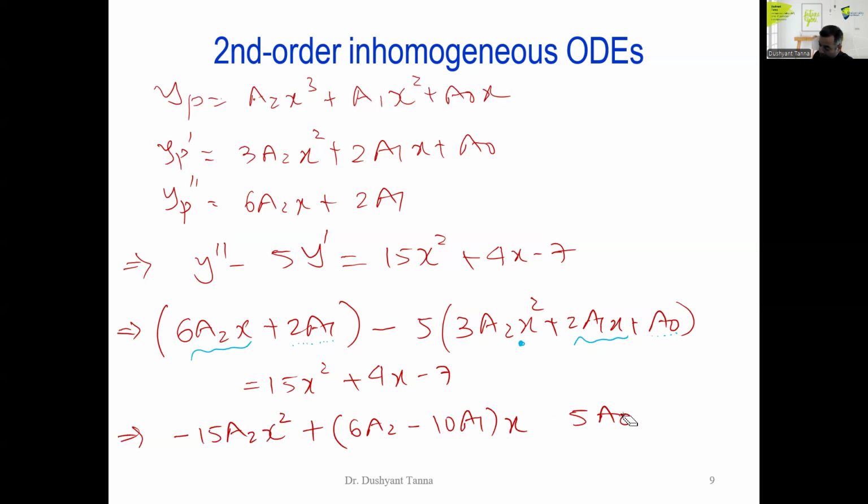Sorry, we should have written plus 2a1. 2a1 minus 5a0 is equal to 15x squared, 4x minus 7. Right? So then we'll begin the comparison. So minus 15 will be compared here. 6a2 is 4. And this 2a1 minus 5a0 will be our 7.